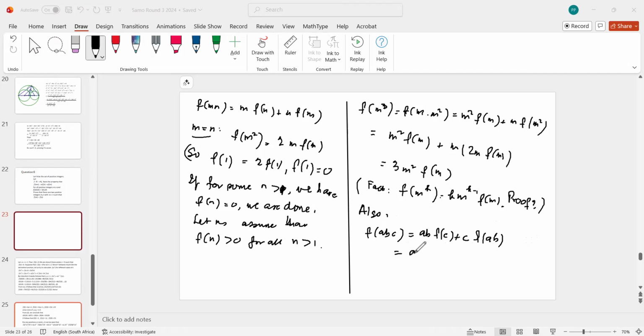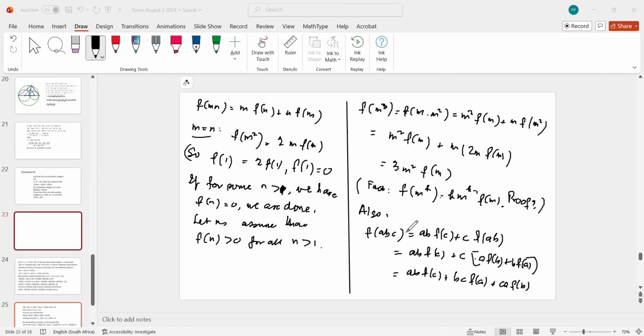And f of AB is A f of B plus B f of A. And when you simplify this, you get AB times f of C plus BC times f of A plus CA times f of B. See? ABC, BCA, CAB. There it is. CA times f of B and BC times f of A.